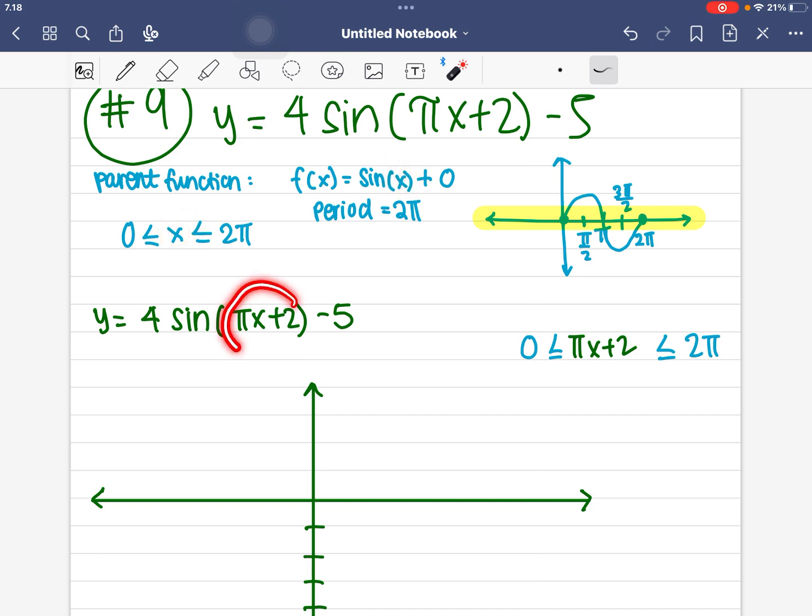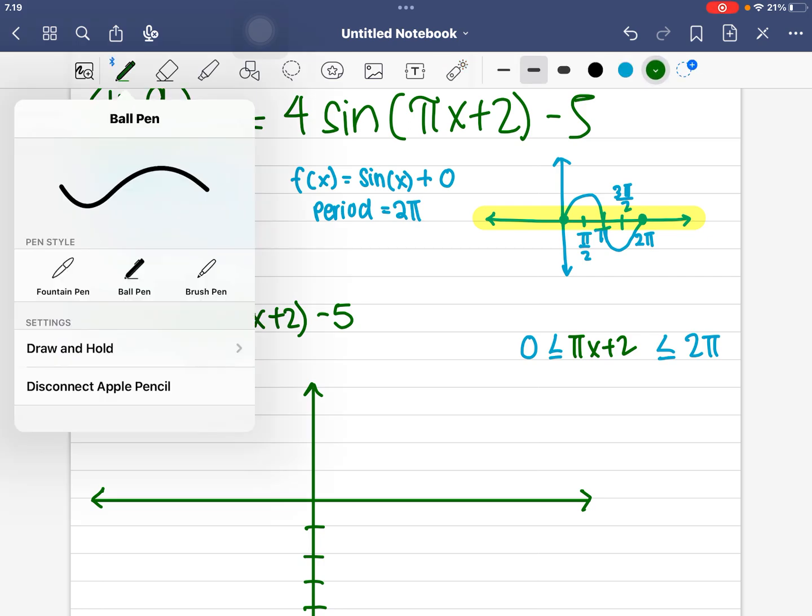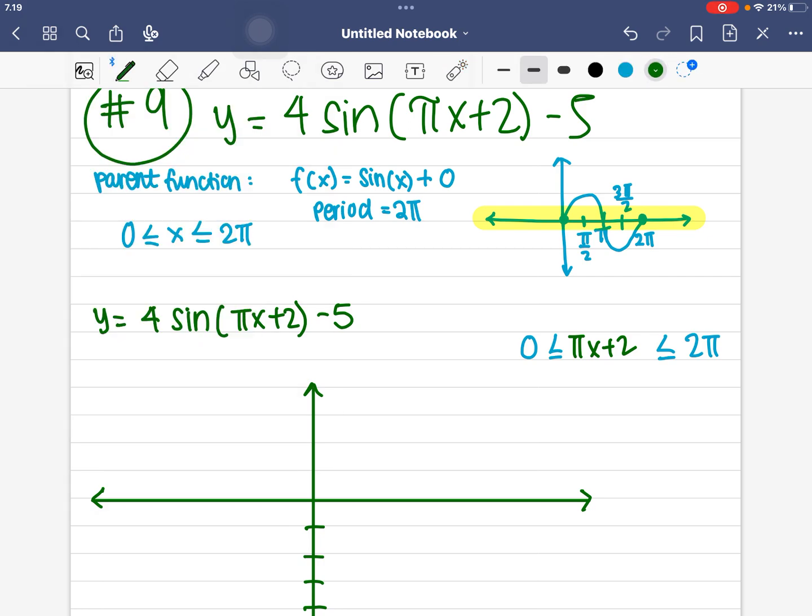But now we have pi x plus 2 here. So my goal here is to make only x left in the middle. So what do we need to do? So naturally, I want to get rid of the outside first, which is subtracting by 2 here. So what you have left is negative 2 less than or equal to pi x, less than or equal to 2 pi minus 2.